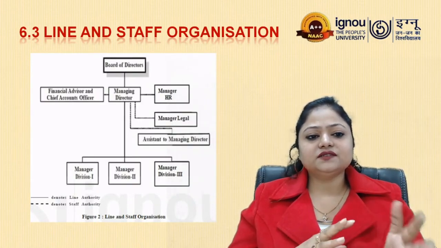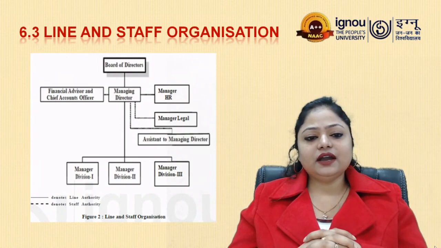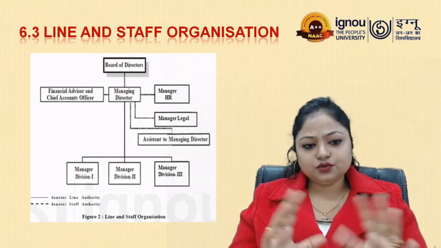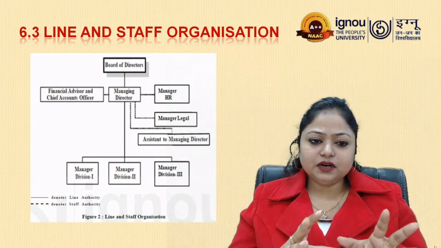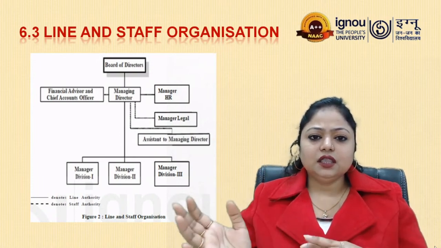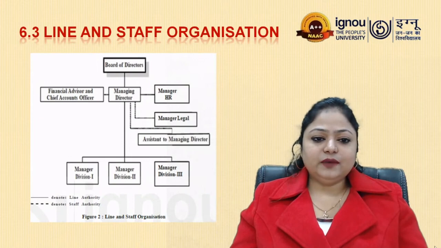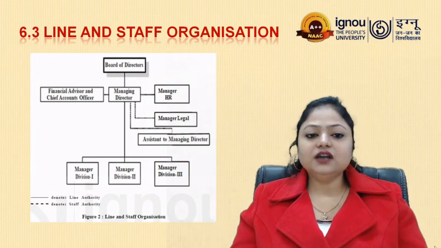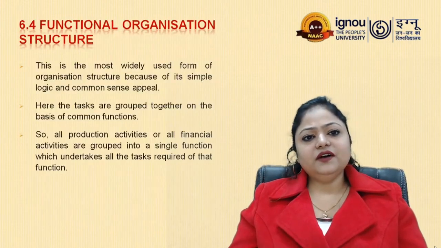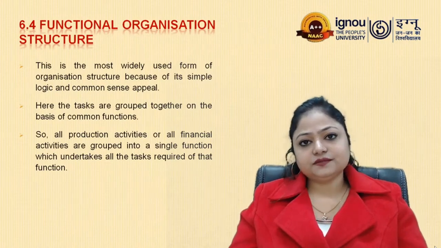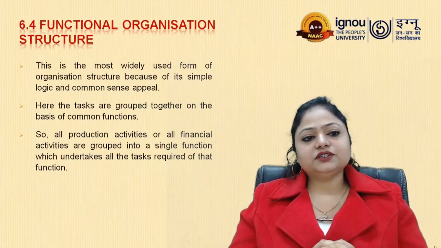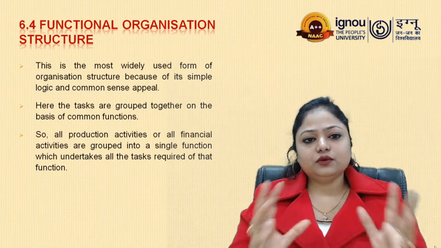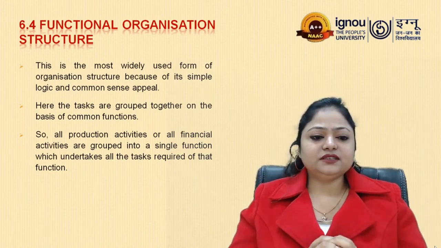We see the board of directors, financial advisors, and chief accounting officers, then HR managers, manager level, assistant to managing director, then manager divisions one, two, and three. So it is a mixture of line managers supported by certain staff managers who are specialized in their function and field. Then the functional organizational structure. It is also one of the traditional structures on which organizations are based.